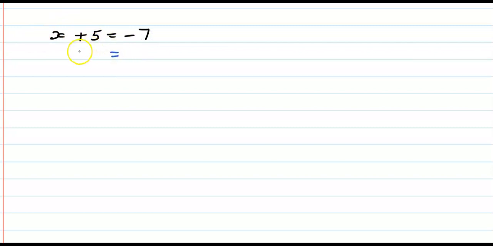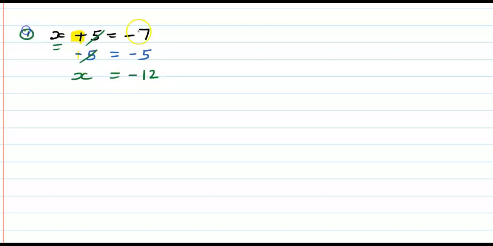It is plus 5, so you put minus 5 on both sides. Whatever the sign is here, you put the opposite sign and the same number on both sides. So this plus 5 and minus 5 will be cancelled out. What is left on the left hand side? Just this x, and minus 7 and minus 5 is again the same sign, add, so 7 and 5 is 12, and put the sign of the big number, that is minus 12.